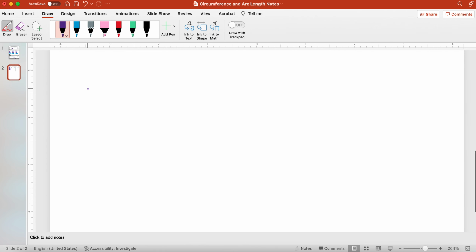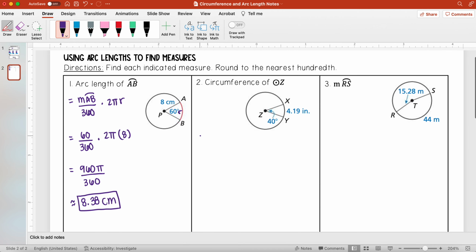So I'm going to have the length of arc XY over C is equal to the measure of XY over 360.